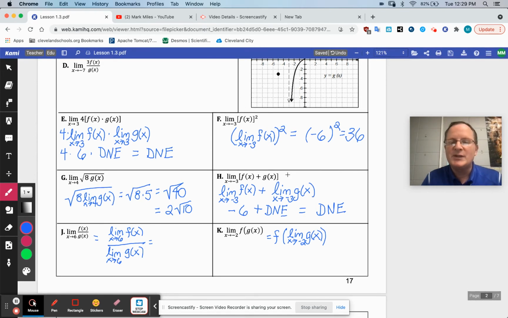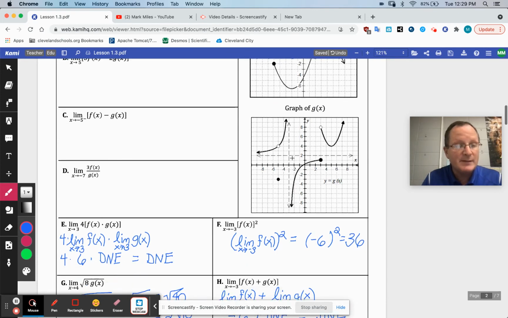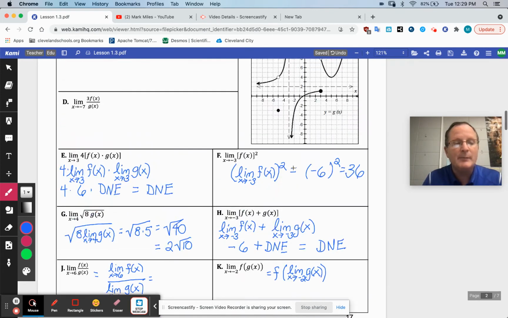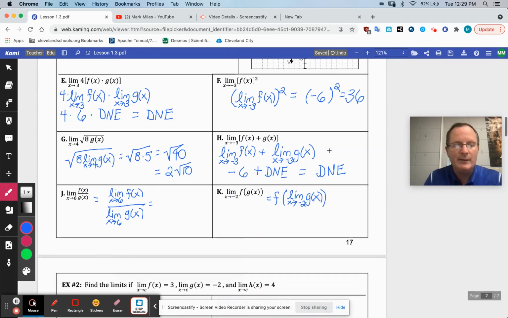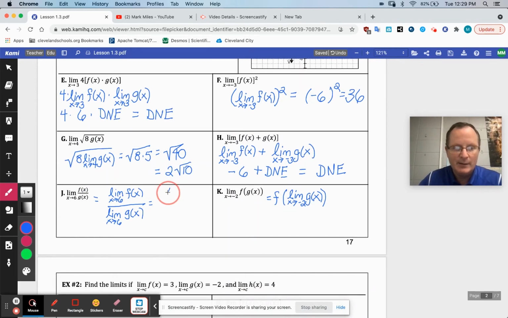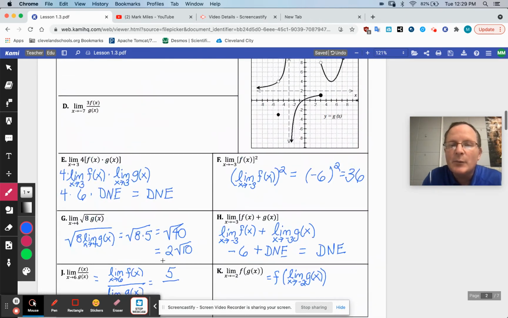All right, now we're dividing. So both of them approaching 6 with the f of x on top. Positive 6, right? Yeah, both of them approaching 6. So my numerator is approaching 5, and my denominator approaching 6. I'm going the wrong way.